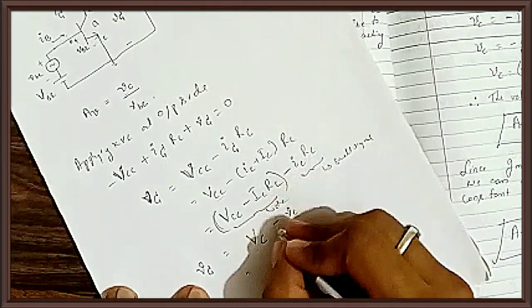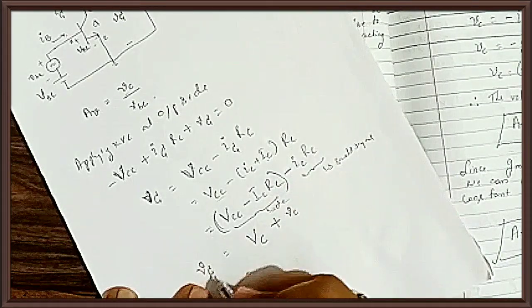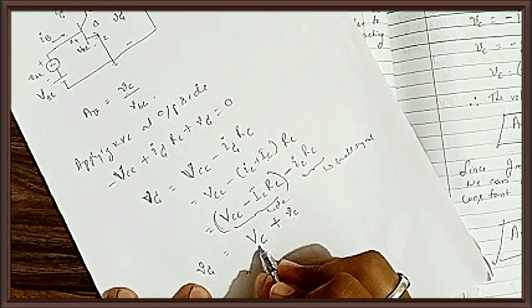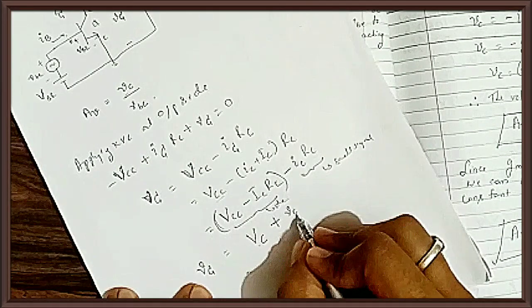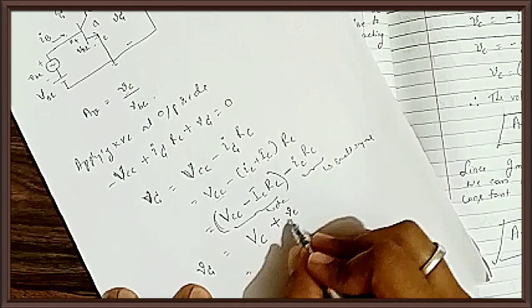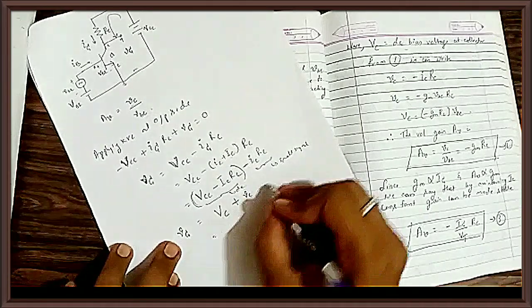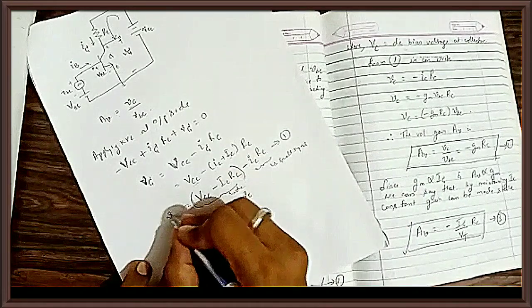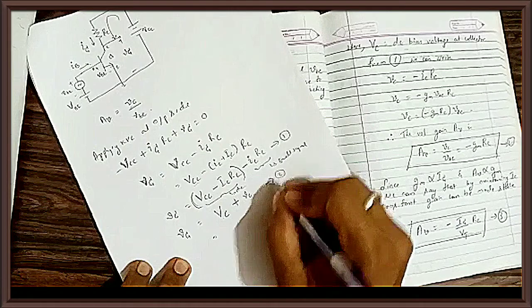Looking at this, it will be VC plus vc, right? So generally the instantaneous value of the collector voltage is the DC value plus the AC value. What is the AC value of the collector voltage here? I'll try to find. I'll call this equation number 1, and this equation number 2.